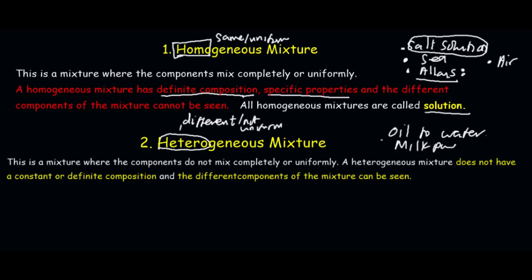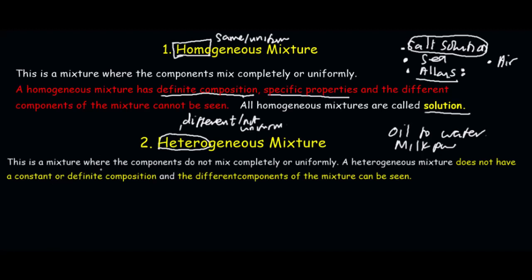One thing we must also know is that heterogeneous mixtures do not have constant or definite composition, and the different components of the mixture can be seen. What does it mean to say that they do not have definite composition?